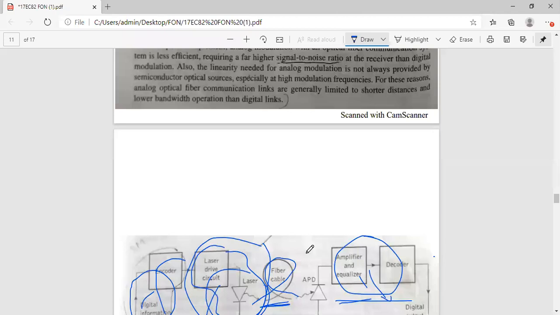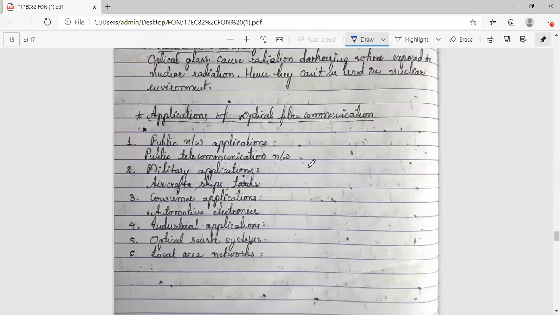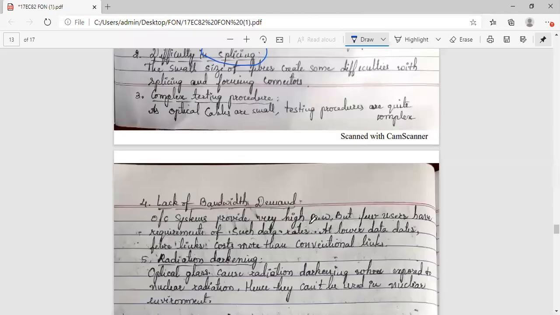optical fiber communication. Even though the speed is so high, they are providing high bandwidth capacity, but there are very few users who have such bigger requirements. It means the data we use is not completely usable for everyone.